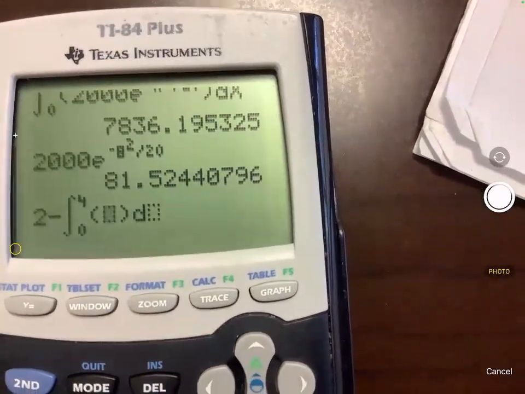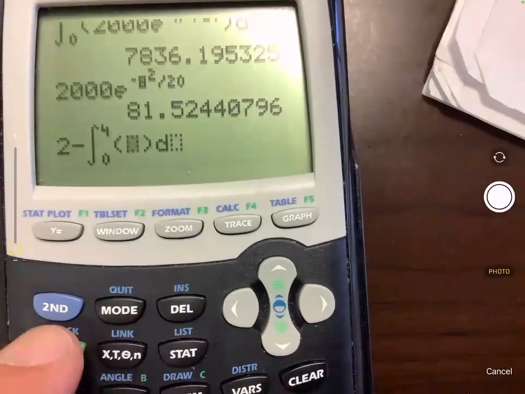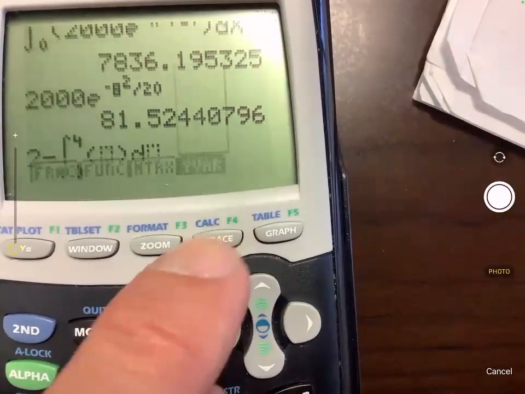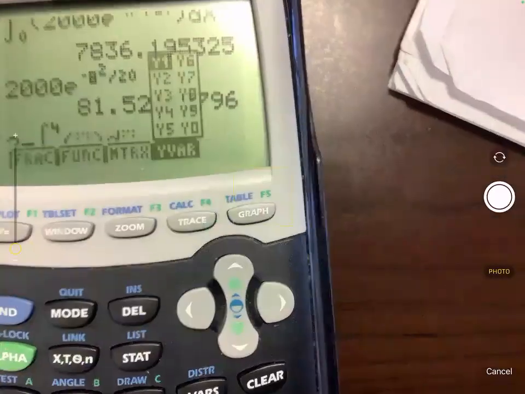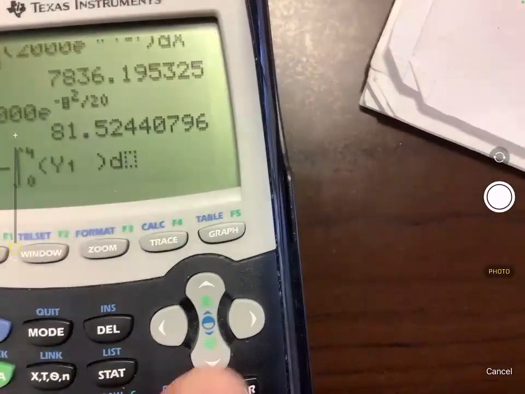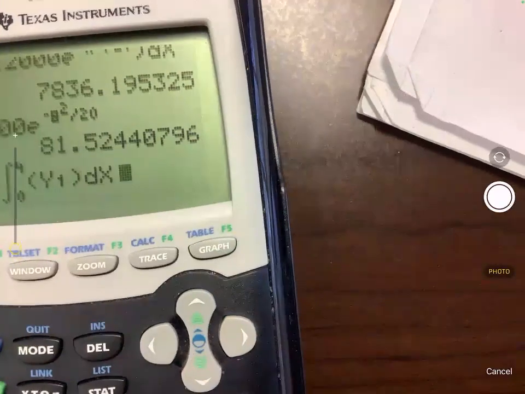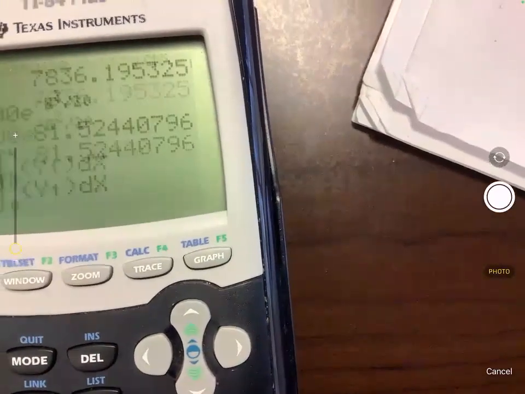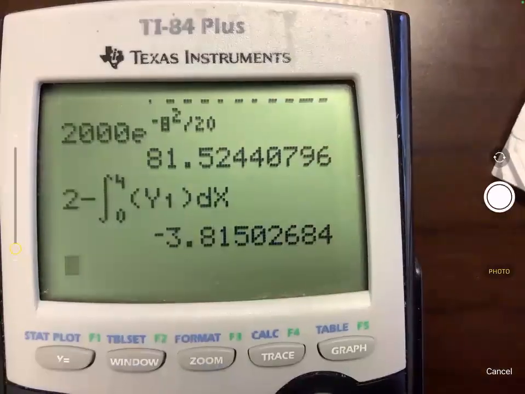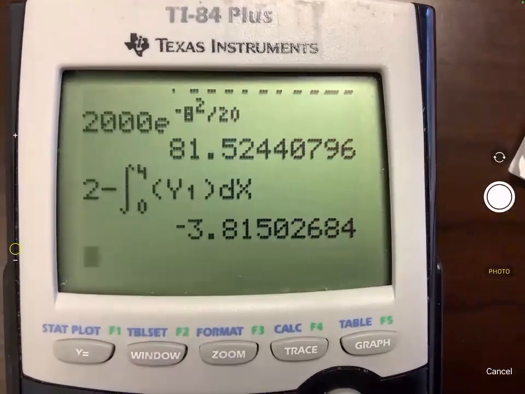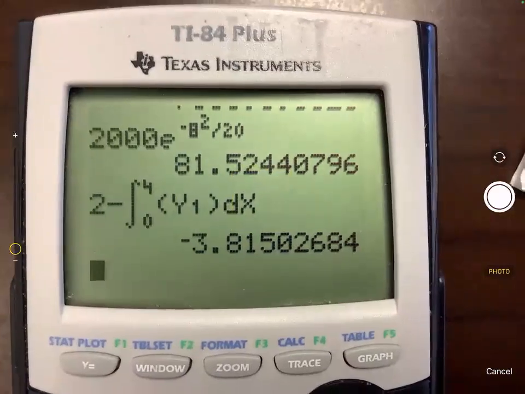I can get a shortcut: if I do alpha trace, that brings up my Y variables. I select Y1, and then I go over to dx. Say a short prayer, and there's my answer. Again, I want 4 places truncated, so I'm taking negative 3.8150.